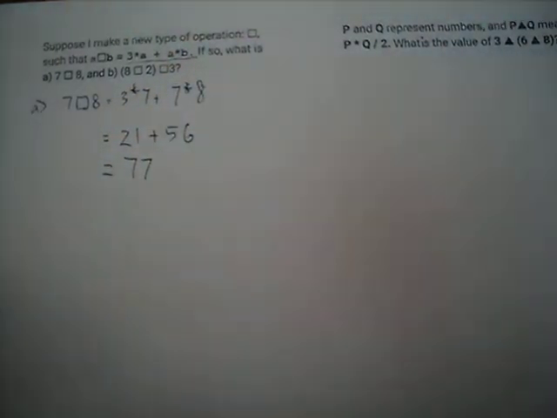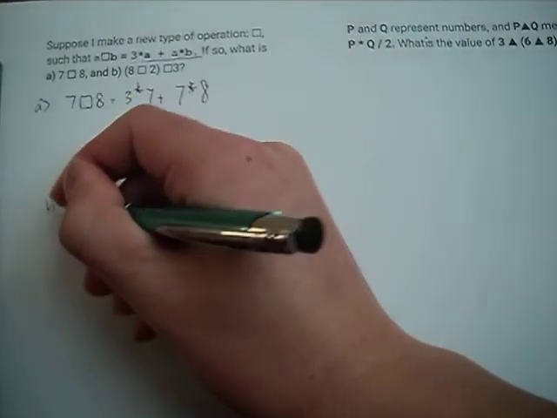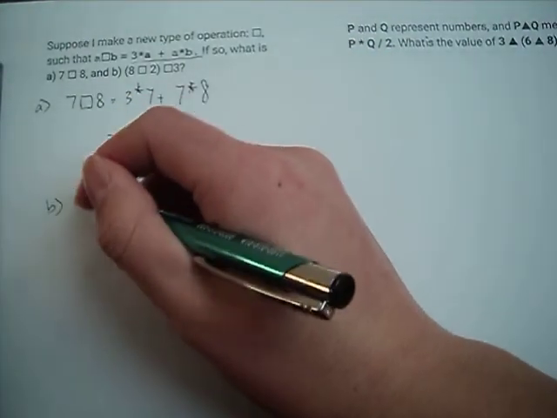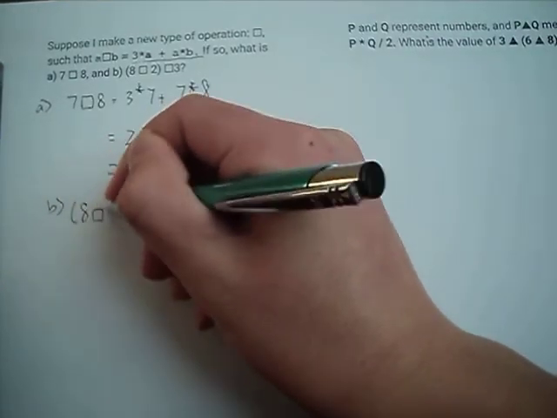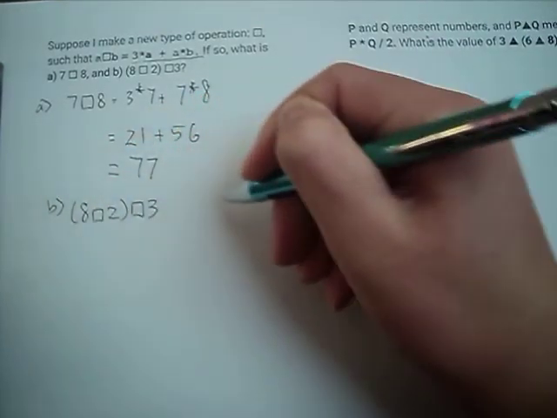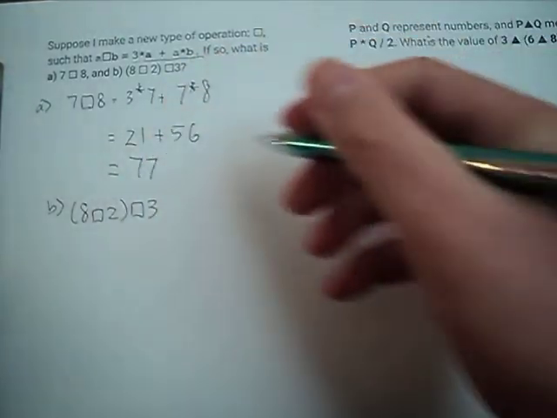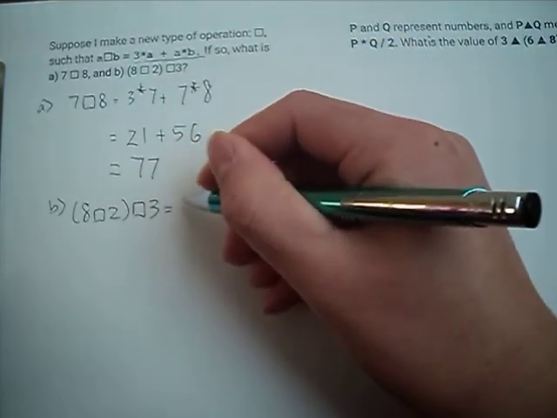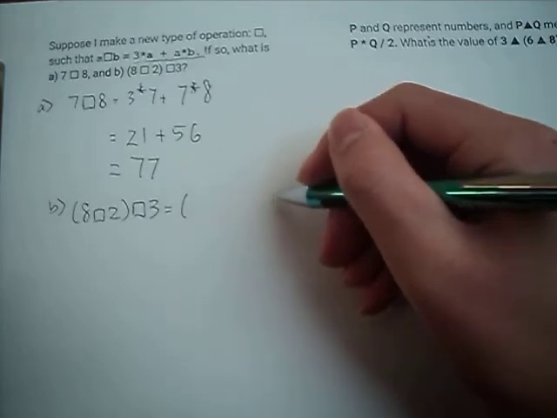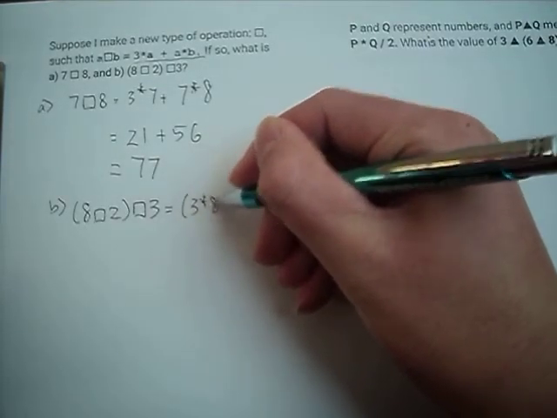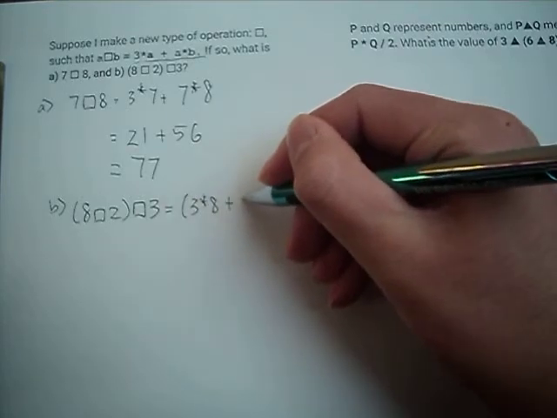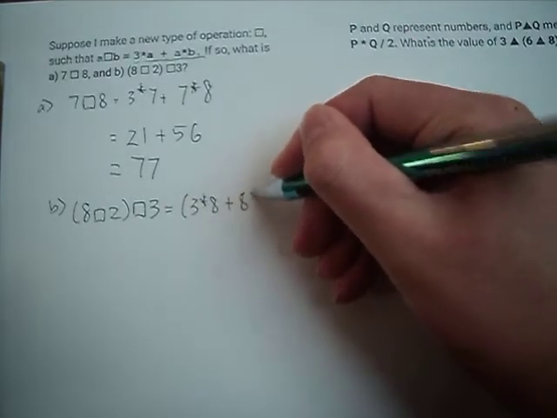There, very easy. Now we get to a bit more complicated. And this one is 8 square 2 square 3. Now what is this equal to? We're going to do the parentheses first. So 3 times 8 plus 8 times 2.